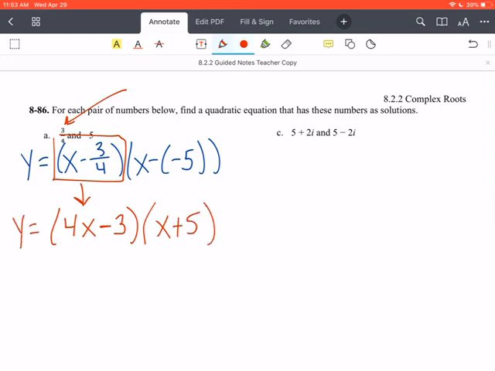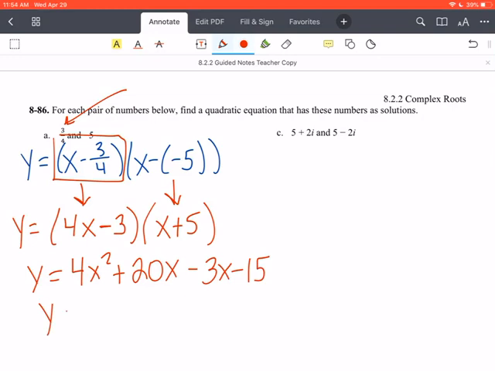So instead of working with fractions, I'm going to work with this new factored form. So I'm going to have y equals 4x squared plus 20x minus 3x minus 15. Makes my life a lot easier, not worrying about fractions. 4x squared plus 17x minus 15.